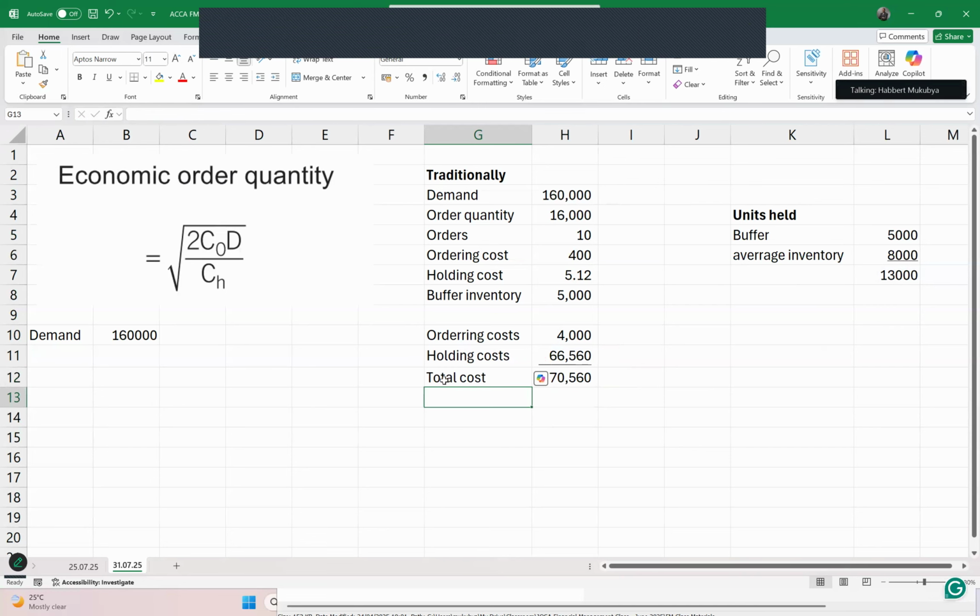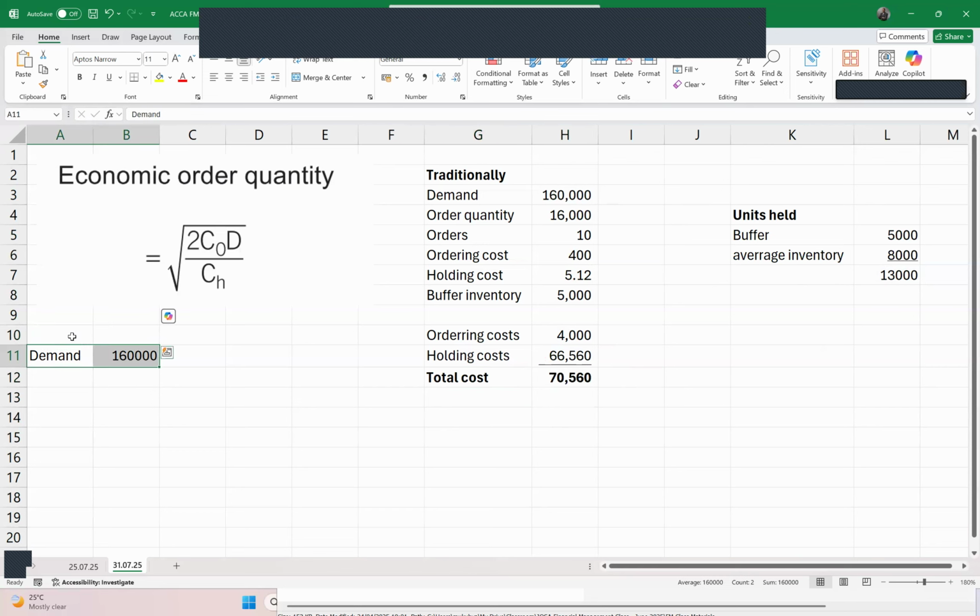Now this is the traditional method. Now if you are looking at EOQ, we are going to do EOQ. The demand is still 160,000.